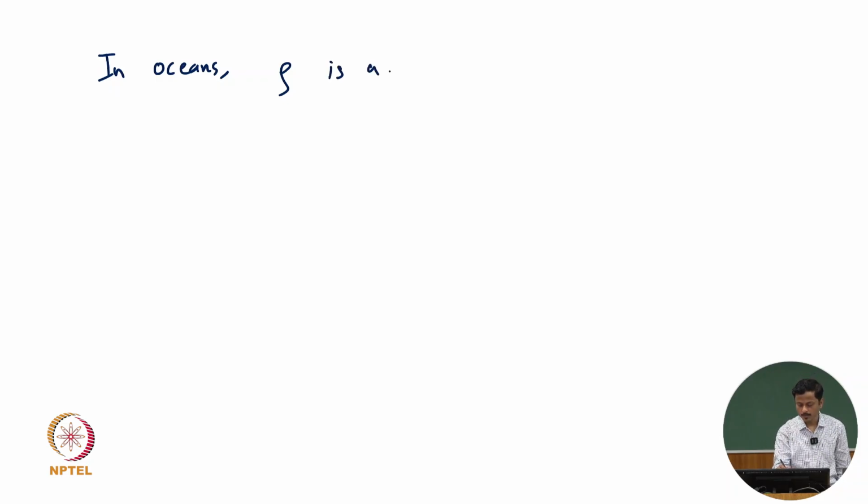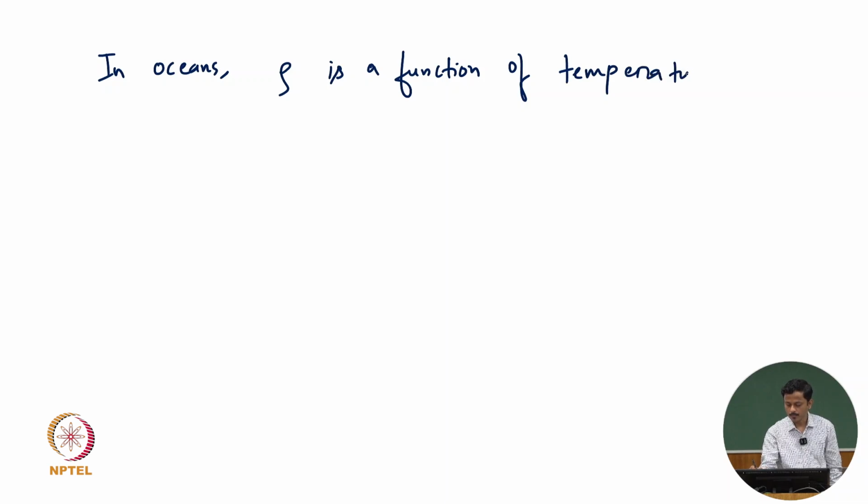Density is a function of temperature and salinity, so we need some functional form between temperature, salinity, and their contribution to density.